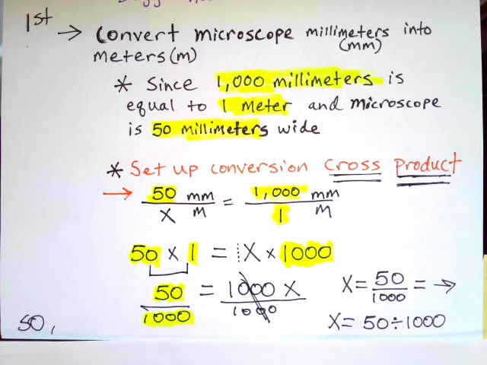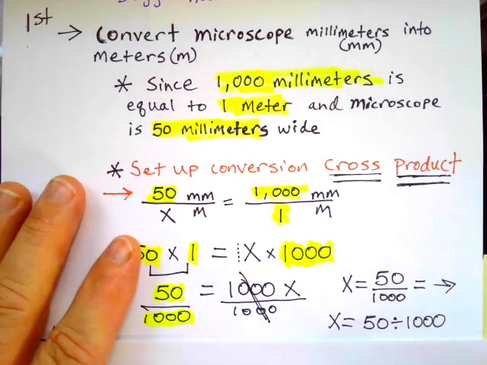I'm going to continue in the next video or videos, showing you how to take this ratio, convert it into a decimal, convert it into scientific notation, and then how to divide scientific notation by scientific notation in order to answer this particular question.